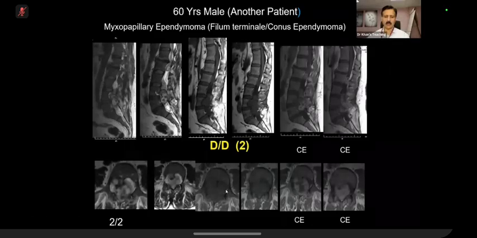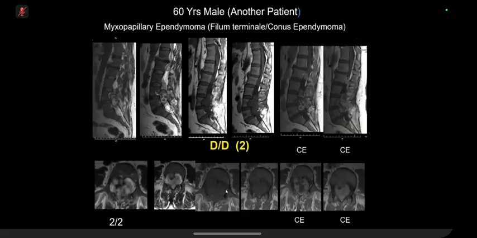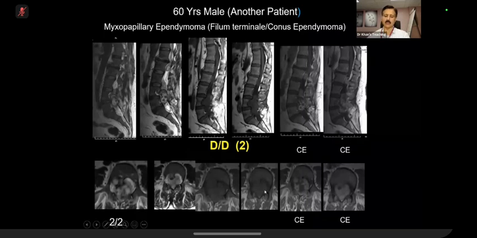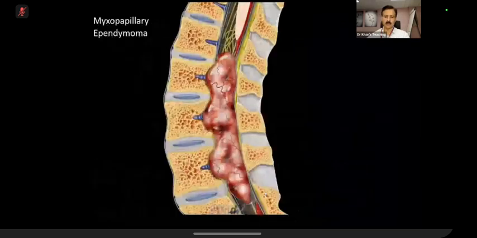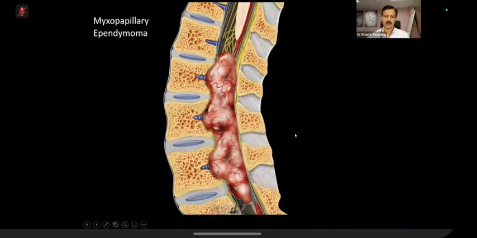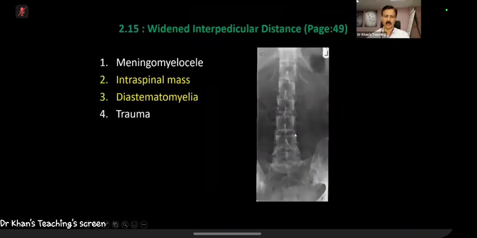Similarly, intramedullary ependymomas in the cord, as was pointed out in the beginning, will also have hemorrhage, very common for them to have hemorrhage. And that is a discriminator between ependymoma and astrocytoma, because in ependymoma, hemorrhage is quite common, and not so in astrocytoma, but in some cases you might see it also. So this is myxopapillary ependymoma.